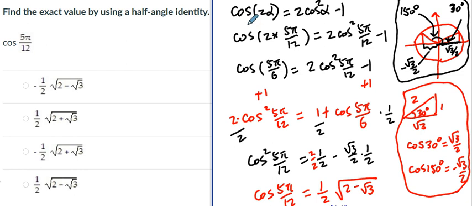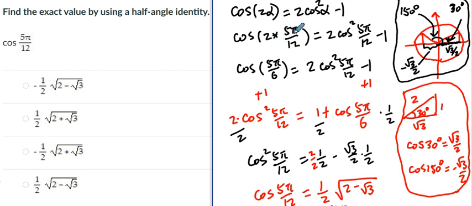Again, you may start with the double angle formula. Cosine 2 alpha equals 2 cosine alpha squared minus 1, because we know this double angle formula first. And the half angle formula actually comes from the double angle formula, because if here is alpha, then you double the angle and here will be 2 alpha.